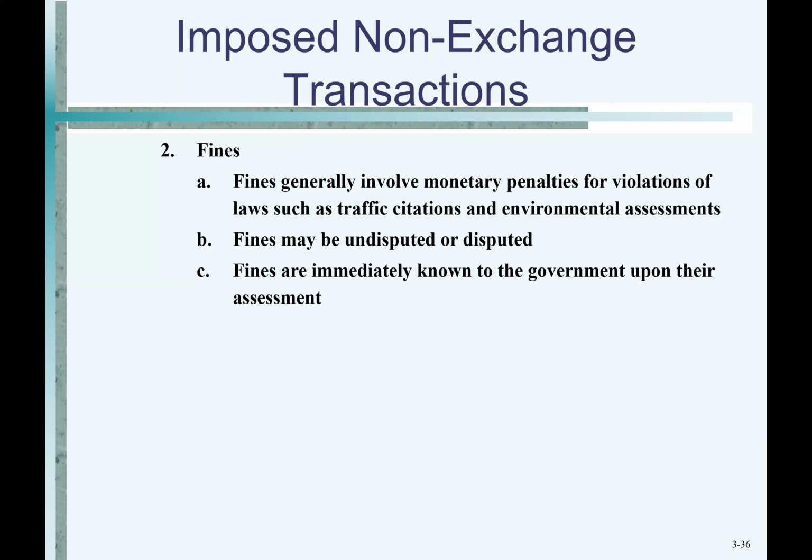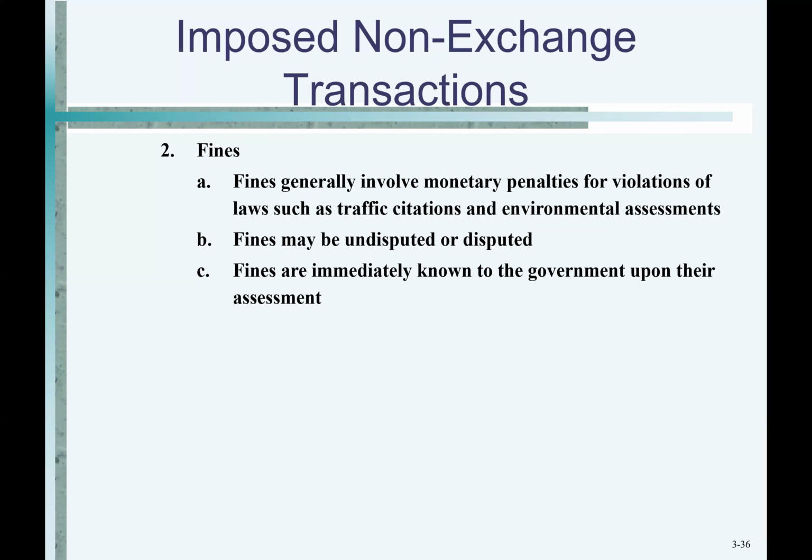I used to annoy not only the people I was auditing, but also my colleagues when I would come up with findings like this. But ultimately, we asked the Forest Service to make an adjustment because they didn't have a legally enforceable claim. So as a practical matter, the government has to have a legally enforceable claim. And what most governments will do, because it doesn't materially affect the financial statements, is say, we'll just wait until the fine is paid.